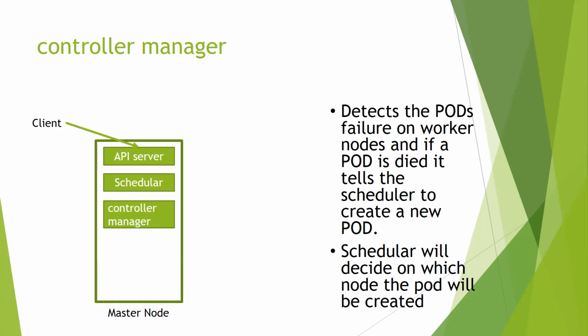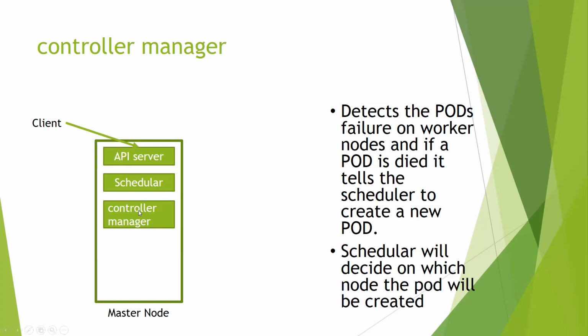It cannot tell the kubectl to create another pod. The controller manager will tell the scheduler that the pod is died, so you know where it should be created. It will observe the resources availability, and it will tell the node, the particular node which is less utilized, through kubectl that create this pod because this is destroyed.